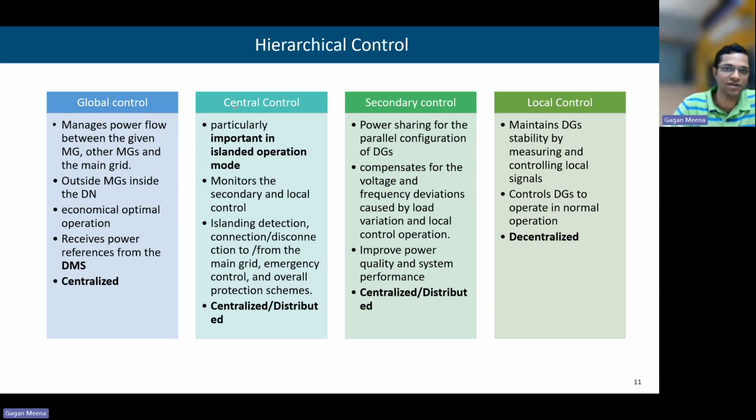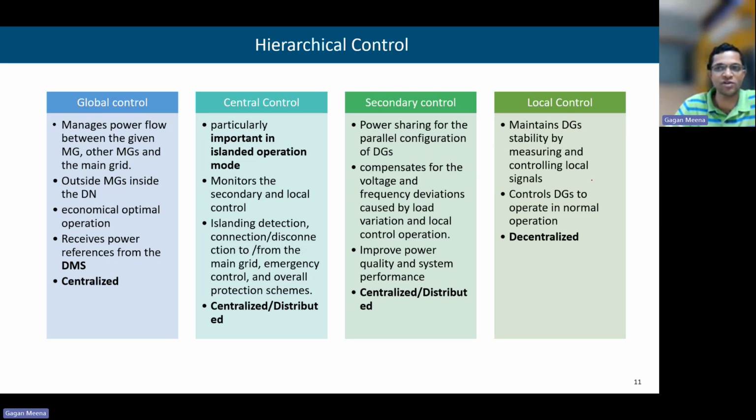And the central control comes into the picture when there is some emergency. It is important in islanded operation. The secondary ensures power sharing for parallel configuration of DGs. It compensates for voltage and frequency deviations, because each element will just try to inject its own power into the microgrid.